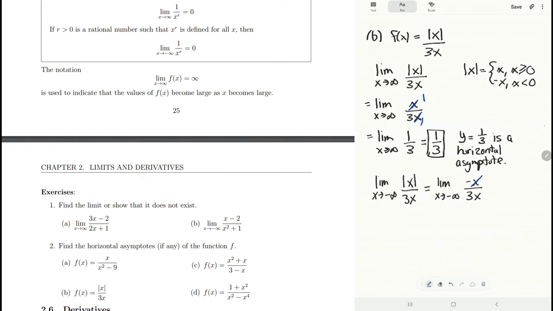And so we can simplify this limit by canceling the factors of x. And so we have the limit as x approaches negative infinity of negative 1 over 3. And if we take the limit, we get negative 1 over 3. And so this tells us that the line y equals negative 1 over 3 is a horizontal asymptote.